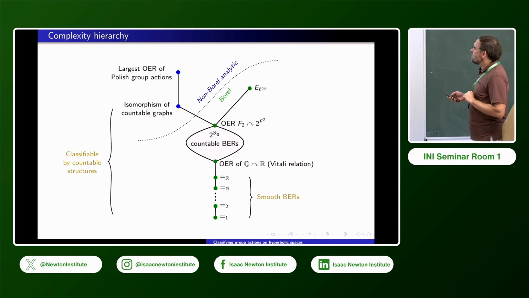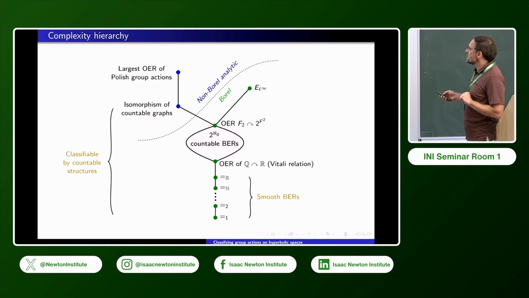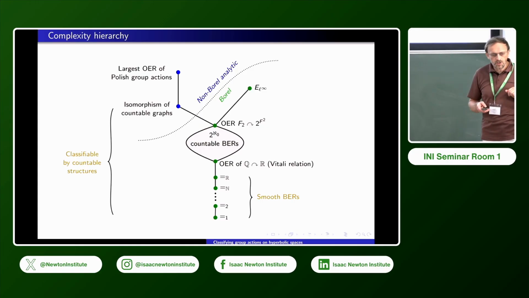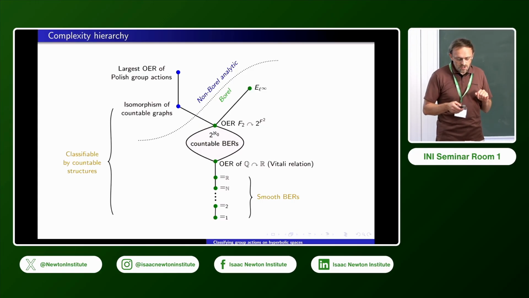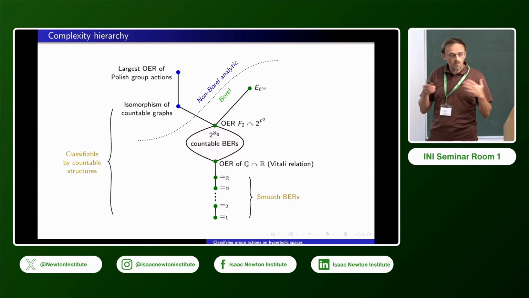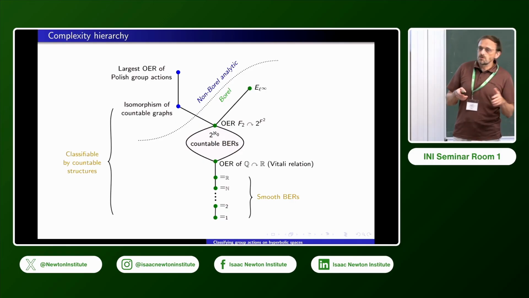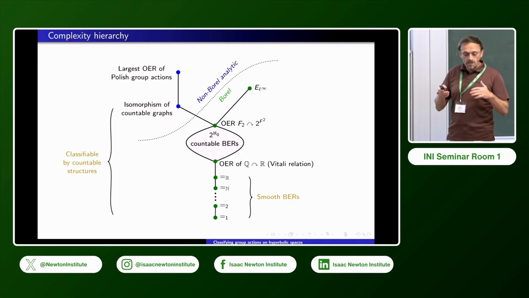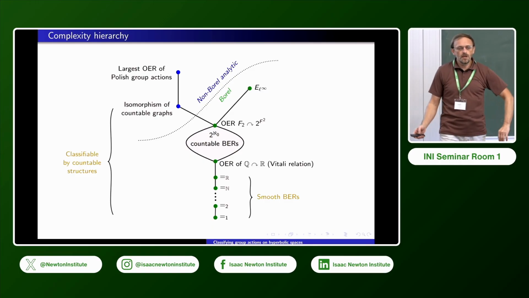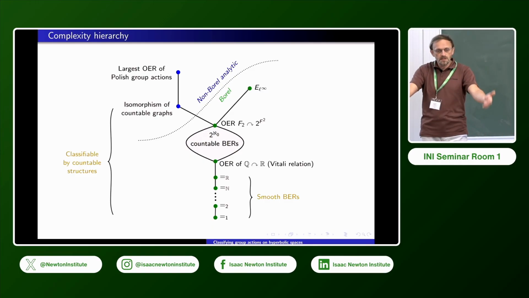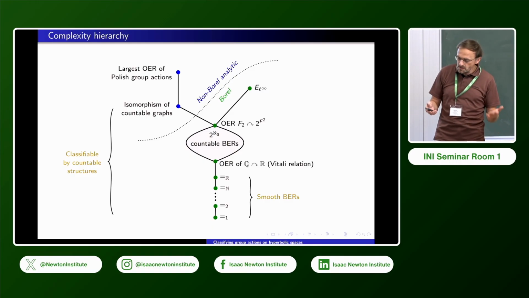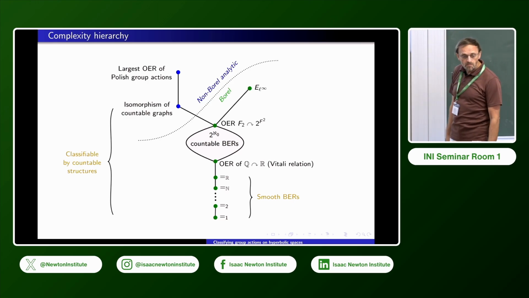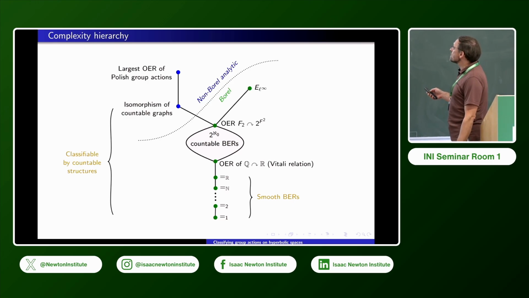And then, as I mentioned, this is essentially an orbit equivalence relation of the action of the symmetric group on natural numbers. So you can more generally consider actions of Polish groups on Polish spaces, and that gives you a huge set of equivalence relations induced by these actions. In general, they are not analytic, they are Borel, and this set also has a maximal element. Okay? So why am I mentioning this?